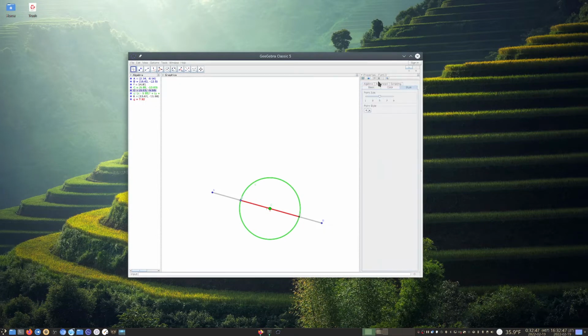Let's take D. Again, make it very thick, and let's make this blue. There we go. And let's take E, and we'll make it not red. How about a pink? How about a purple? There we go.